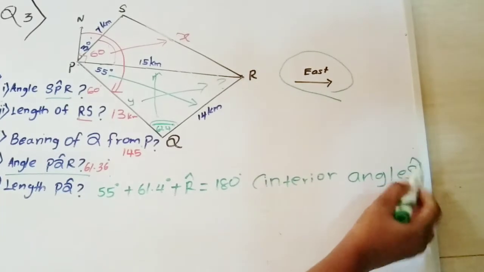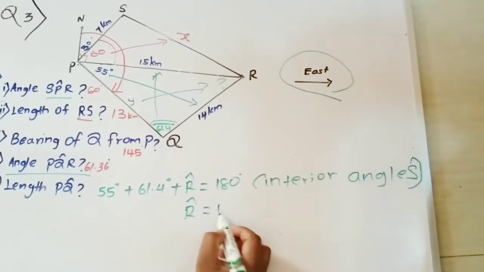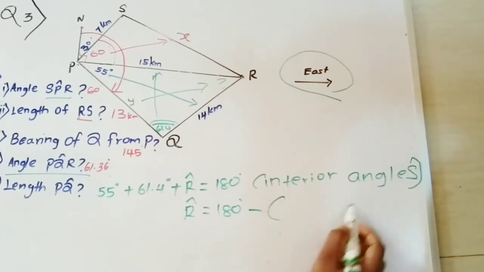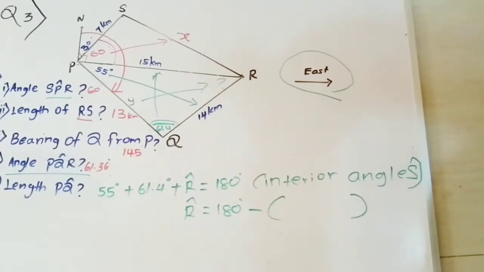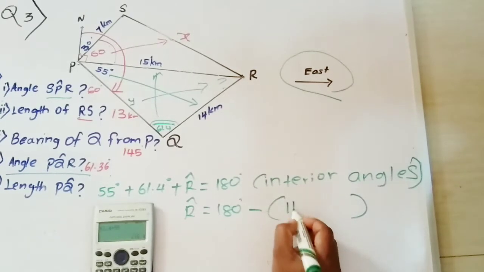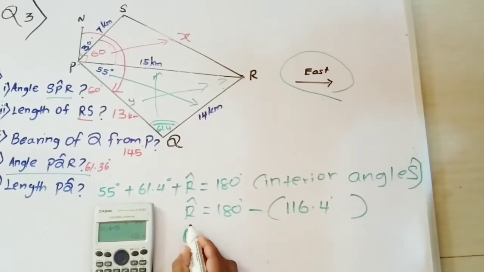Now make R the subject here. R equals 180 minus (55 plus 61.4). R equals 180 minus 116.4.